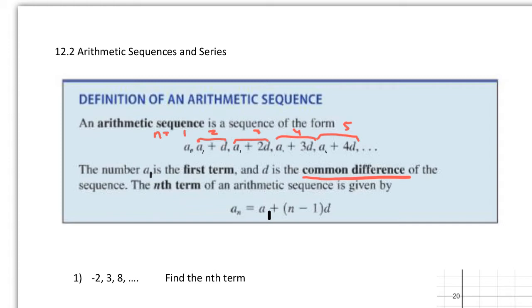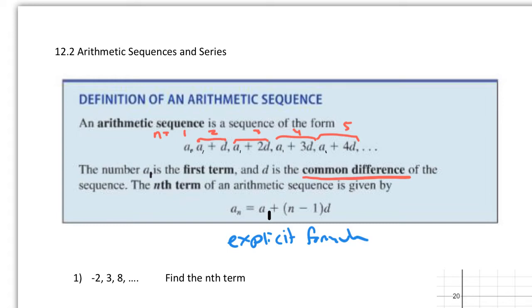You'll notice that the number of times we're adding the common difference is one less than the number of the term, because that first term we don't actually add the common difference to. That gives us this formula, our explicit formula for an arithmetic sequence: a sub n equals a sub 1 plus n minus 1 times the common difference.